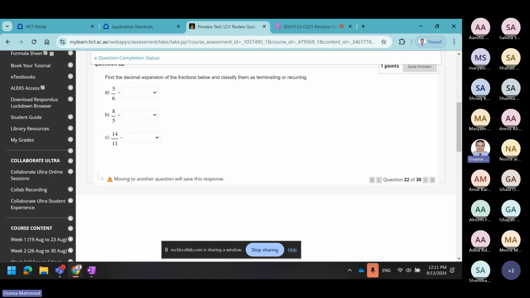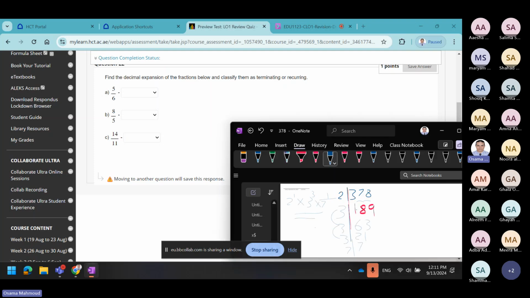Okay. Now, classify decimal expansion. I didn't mention this one when I was talking about fractions. You have something called terminating, which means you stop at some point, right? If you have 3 over 5, you know this is 0.6, nothing else.